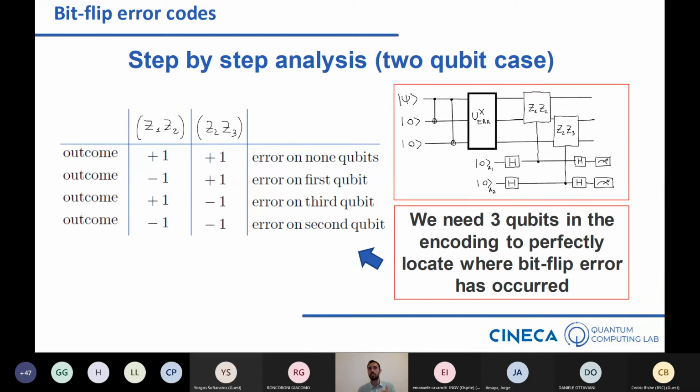Probably you need many more qubits in the redundancy and many more measurements in order to detect something that is not Z or X. These are the simplest error correcting codes, let's say, algorithms.